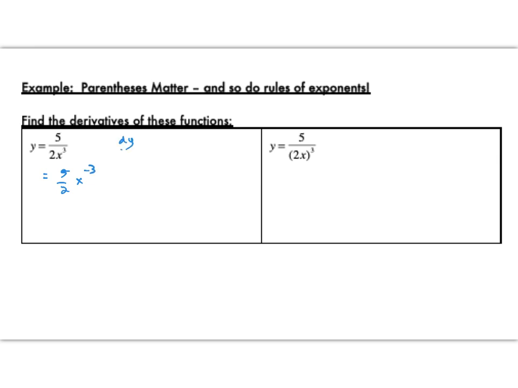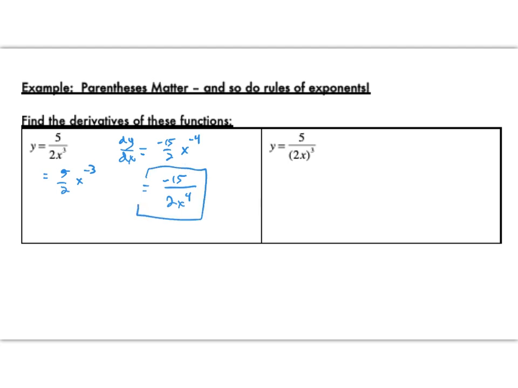And when I go to find its derivative, I'm going to multiply the coefficient by -3, so that's going to give me -15/2. And then I drop the power by 1, x to the -4th, and then simplify once again. The only thing that's got a negative exponent is the x, so it crosses the fraction line. Everything else stays where it is. And that should be your answer right there.